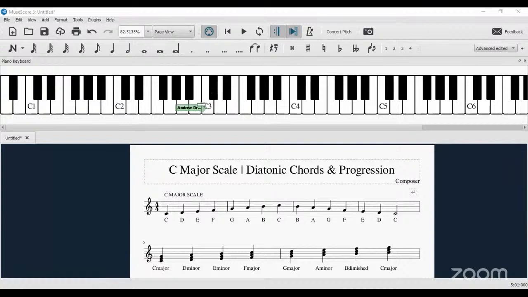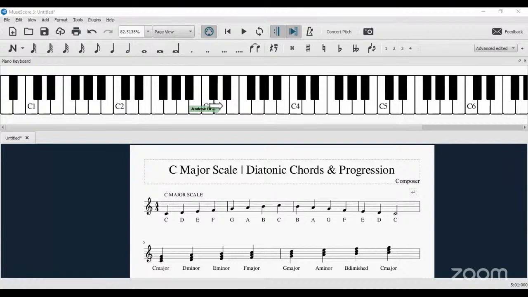So notice from C to D, we had to ignore this black key. So let us say we started here. We had to pass over that black key to get to D, which is right here.